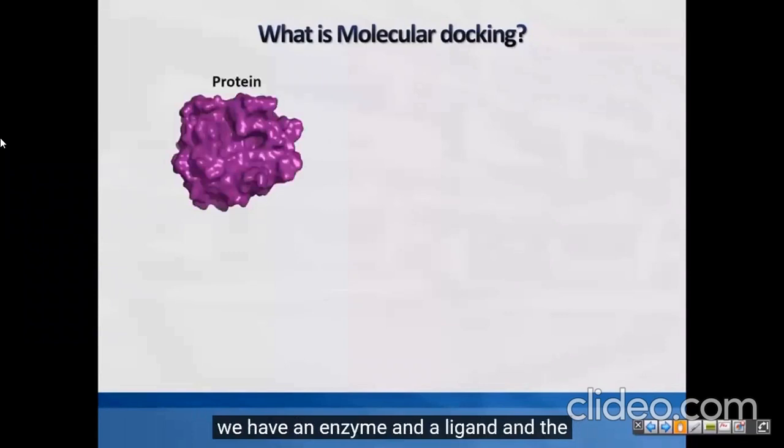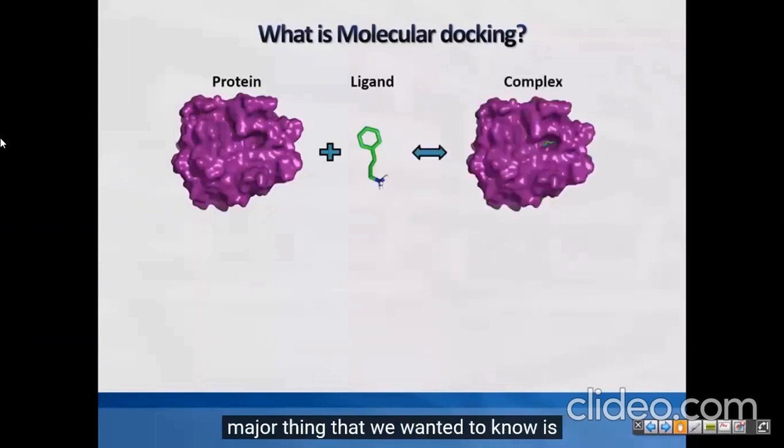For example, we have an enzyme and a ligand. The major thing we want to know is how they interact and position themselves. Say, for example, this ligand over here I have oriented in this way, but once you apply a molecular docking procedure, the molecule actually tries to find the appropriate site over the enzyme and the position.